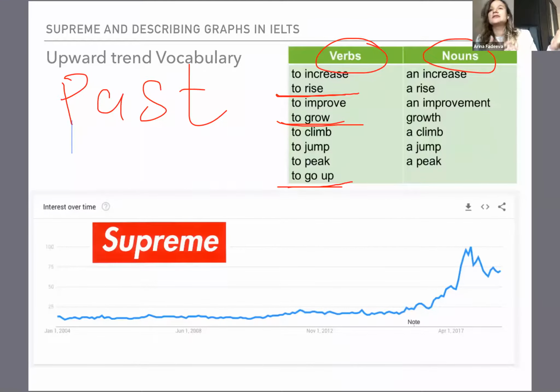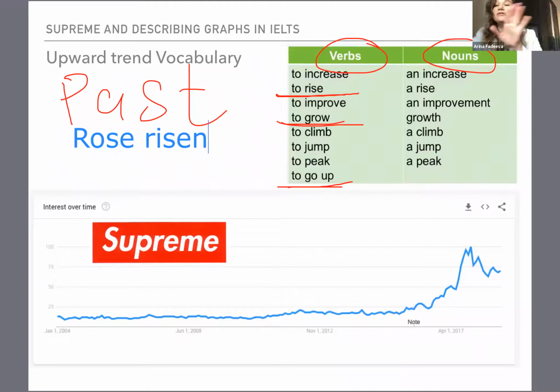We can say that the popularity of Supreme rises right now, but we're speaking about a period from 2004 to 2017. It's rose. Thank you for your variants, guys. Be careful here. It's rose. So rise, rose, risen. These are the three forms of the verb. We don't need risen here. That's why I won't confuse you with this.